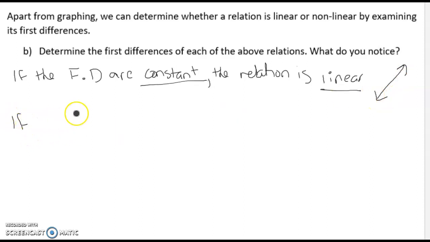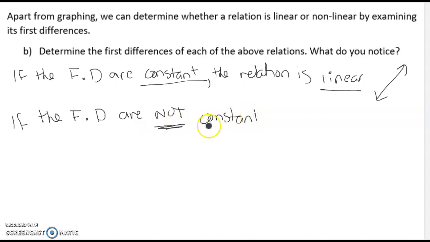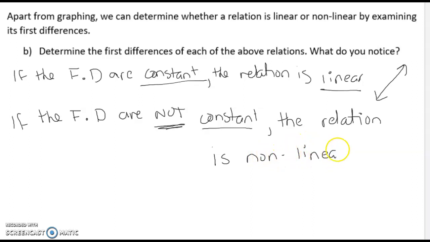If the first differences are not constant, the relation is non-linear. And that's when you would have a curve.